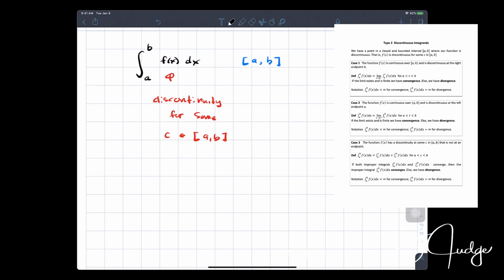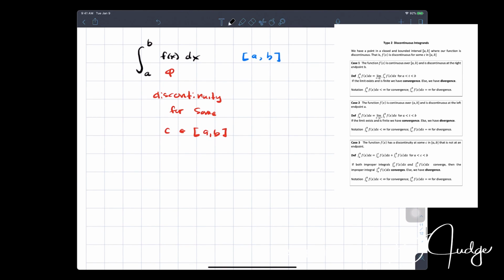There's a lot of different good examples, so let me give you a basic idea of how this works. Let's look at a classic example: the integral from 0 to pi over 2 of secant. This will be an interesting question for us. Notice again we have a closed interval from a to b, just like we're describing up here.